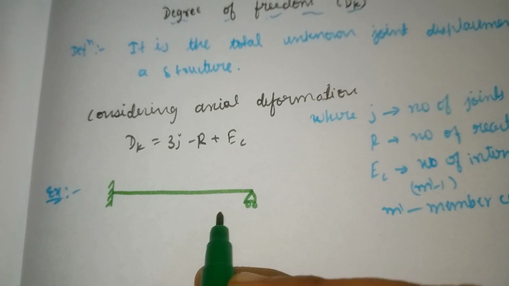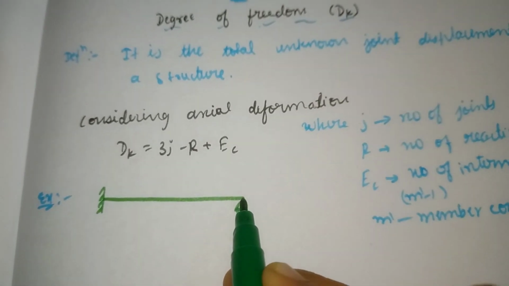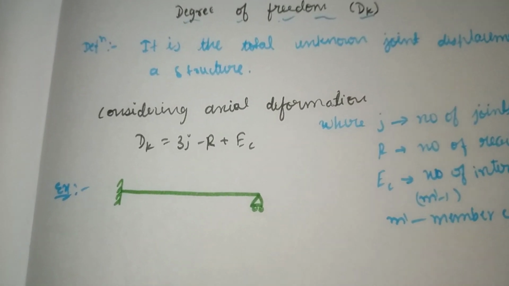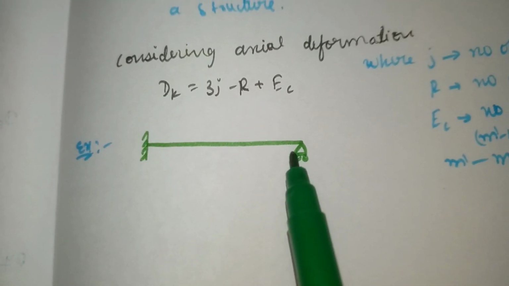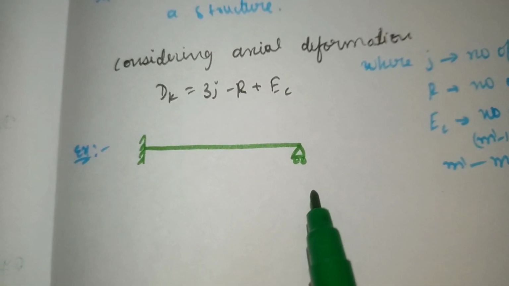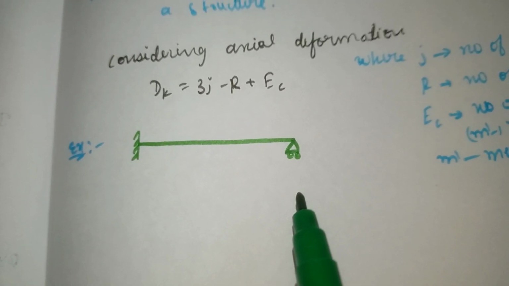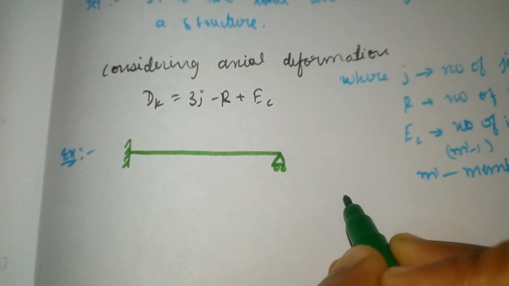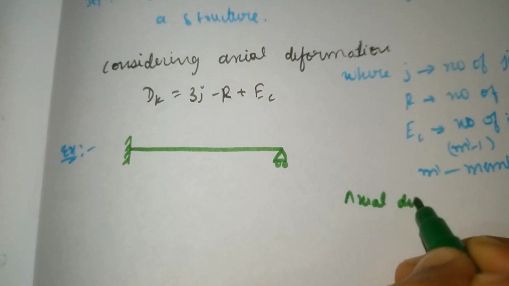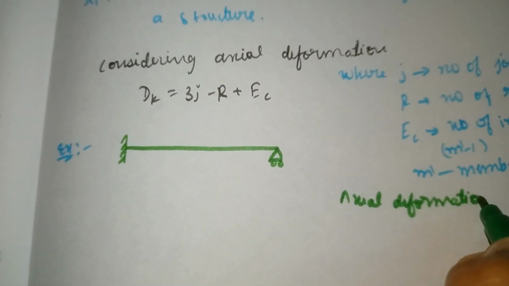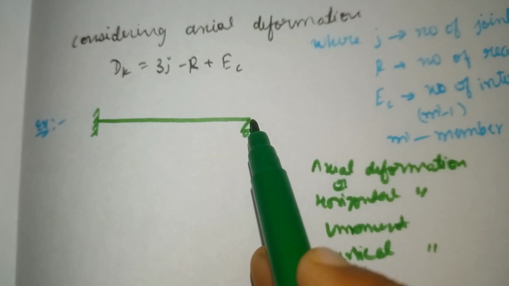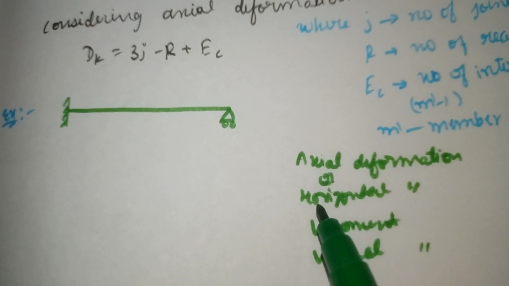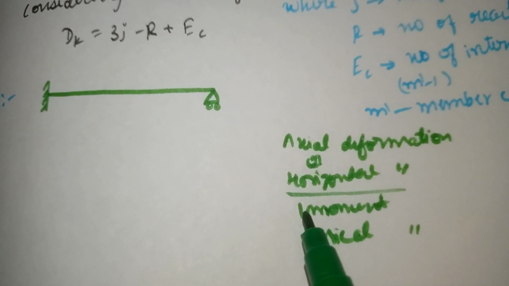In a beam, if you take any joint, how much can it deform at that joint? One possible deformation is axial deformation, which is also called horizontal deformation, another is vertical deformation, and one is moment.